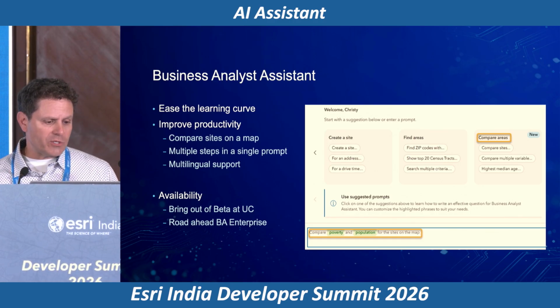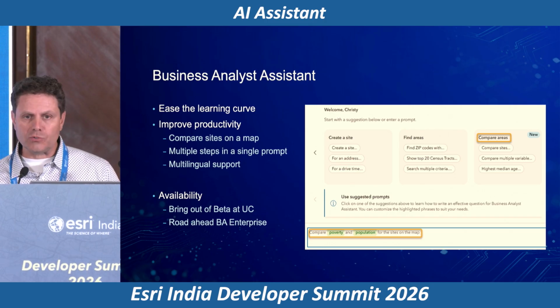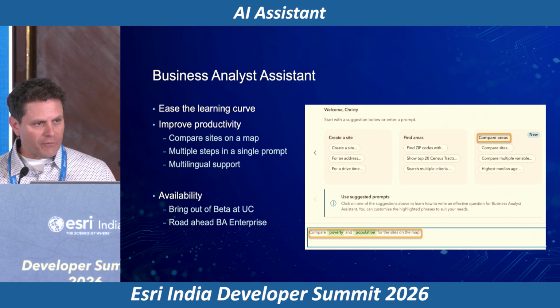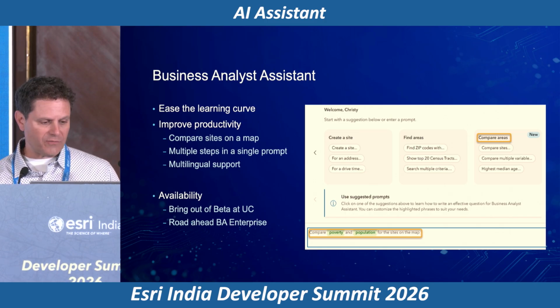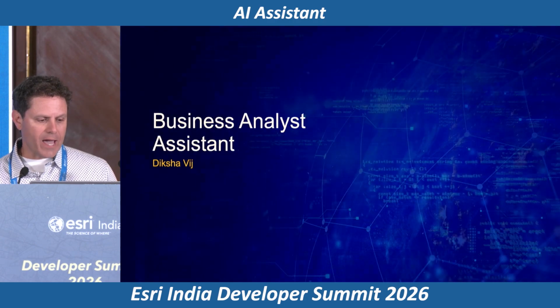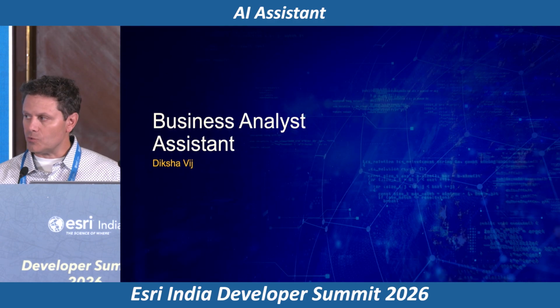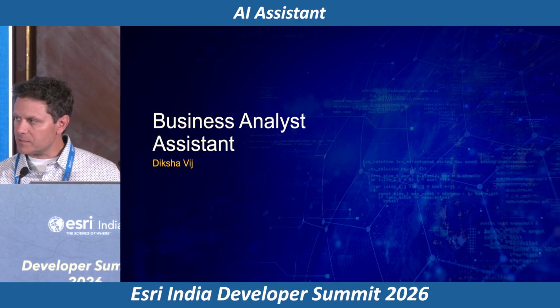You can use natural language to compare sites on a map, translate reports into multiple languages, and chain multiple functions or analyses together in a single prompt. So like the other assistants, the BA assistant is there to help you with your productivity in the BA app. And to show us a demonstration of this assistant, I'd like to hand it over to Diksha.